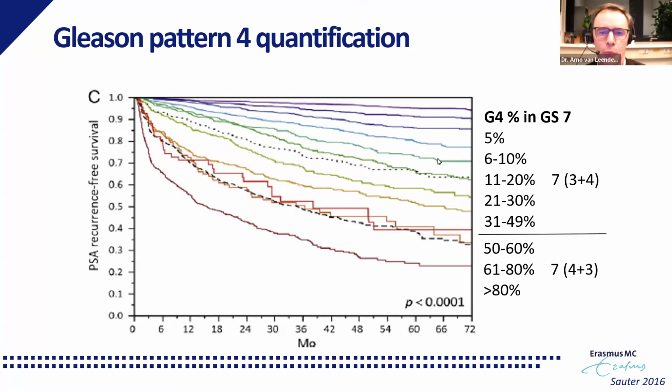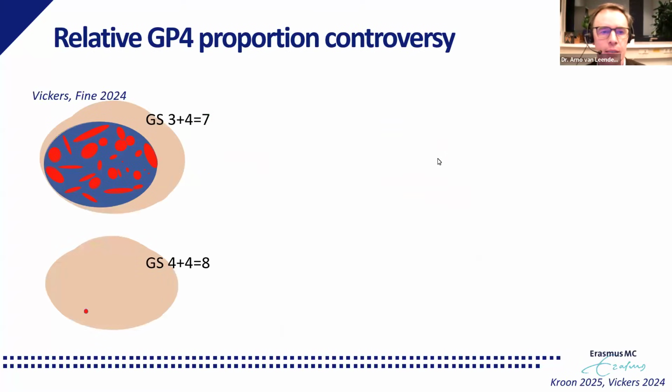However, if you think about proportion of pattern 4, it is really interesting. And this was really initiated by the group at Memorial Sloan Kettering, around Dr. Vickers and around Dr. Fine. They had very nice studies on the proportion of Gleason pattern 4.